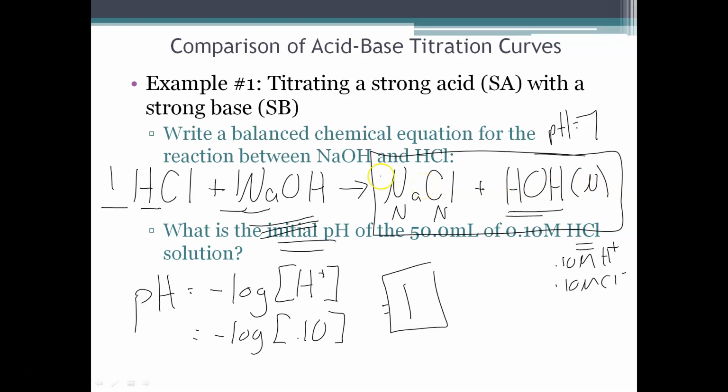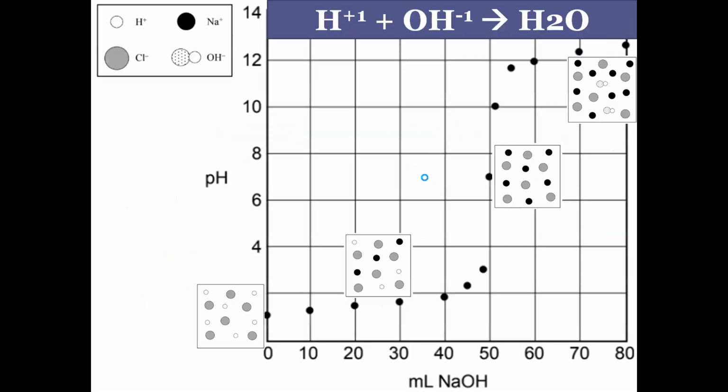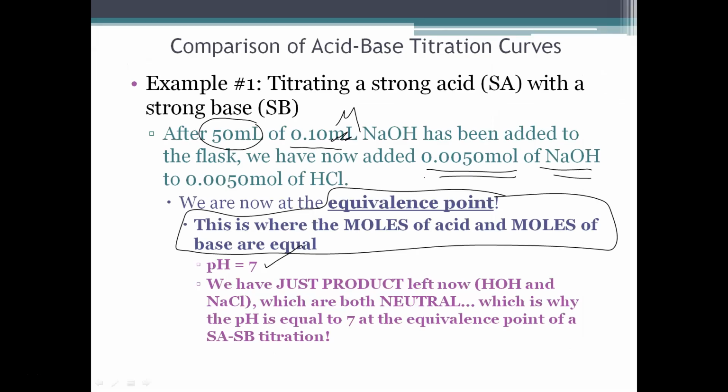Water's neutral, NaCl is a neutral salt, so that's why it's really important to know that hydrolysis of salts lesson from a couple lessons ago. Titration curves bring in a ton of different concepts from throughout the unit, and it all just builds. So right here it says we have just product left, water and NaCl, which are both neutral, giving us the pH of 7 at the equivalence point of a strong acid, strong base titration.